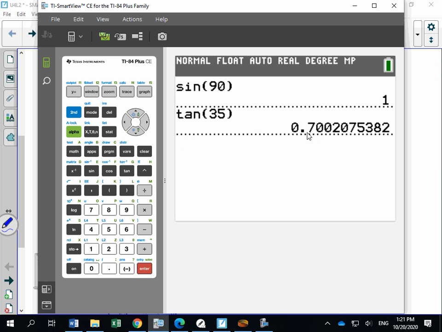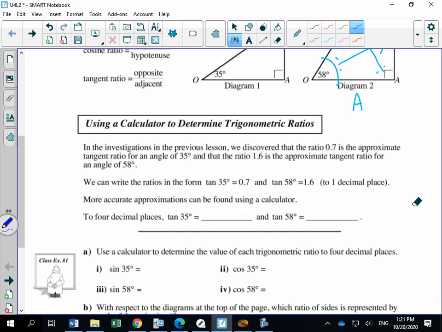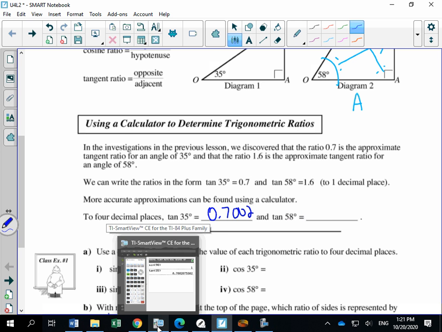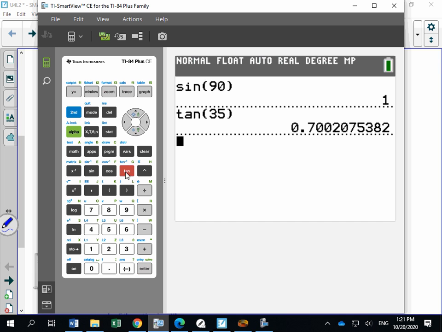So they want it to 4 decimal places, so 0.7002. The tan of 58 degrees, so tan again is TOA, and we don't know what the triangle is, but the ratio, if you divided the opposite over adjacent, would be, so tan of 58 degrees is 1.6003.